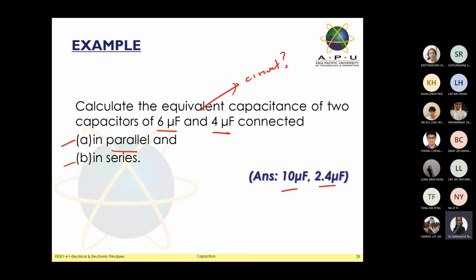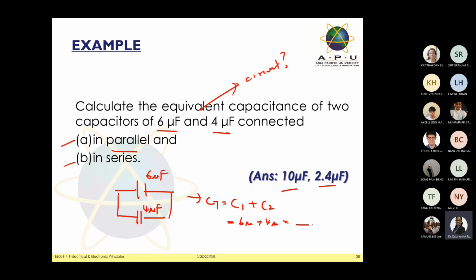So when they specify parallel, your diagram will be in this form: 6 microfarad in parallel with 4 microfarad. For parallel, your equation is C1 plus C2. 6 micro plus 4 micro, you get the answer. That's for your A.